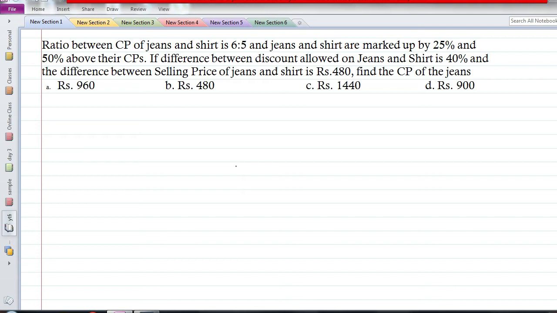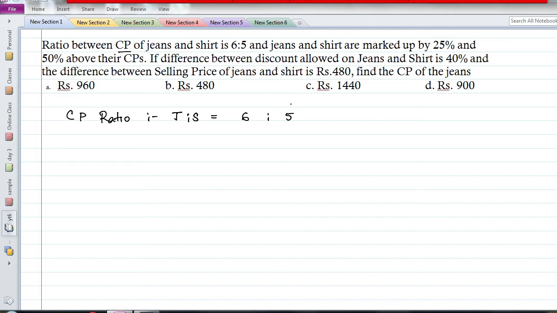So now let's start by taking the ratio of cost price. Jeans is to shirts is 6:5. If you have watched our previous videos, you will know in ratio, when it is given as 6:5, we will not take it as 6 and 5. There has to be some common factor that is multiplied along with this.